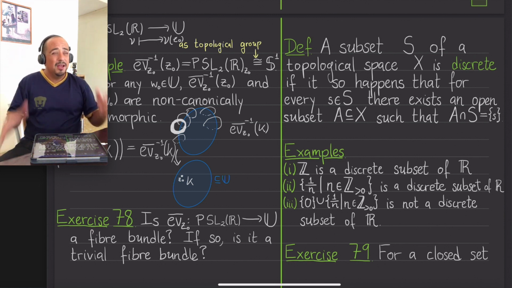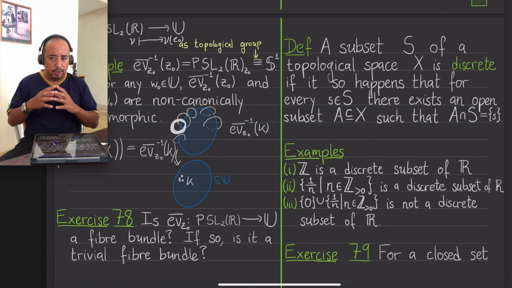That's discrete. This sounds a little bit strange, but when one has the extra condition of the set being closed, that is, of the set S containing all of its possible accumulation points in X, the notion really simplifies.